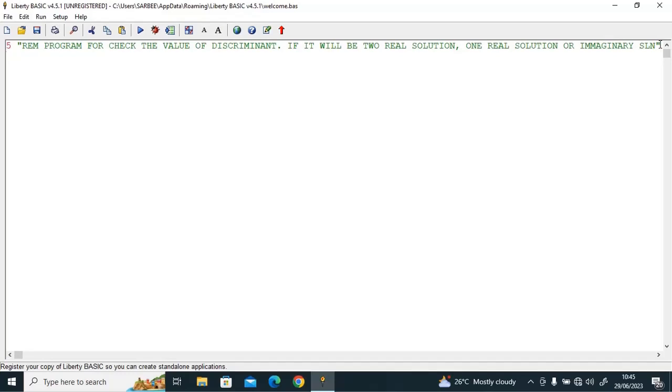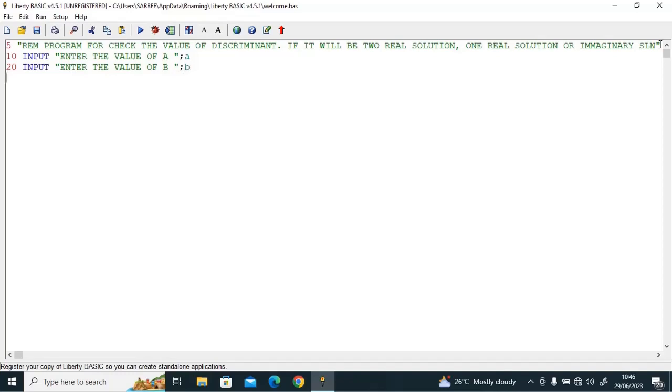So according to this, we are going to enter the values. So you enter input. Sorry, input. Enter the value of a. That is small a, semicolon, small a. Input. Enter the value of b, semicolon, b.